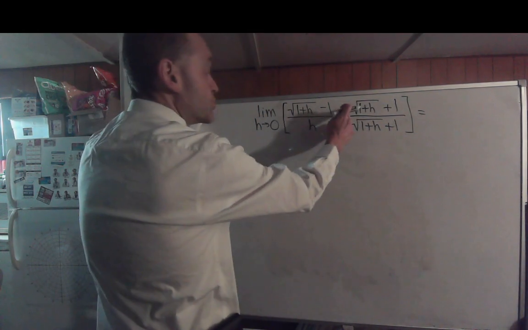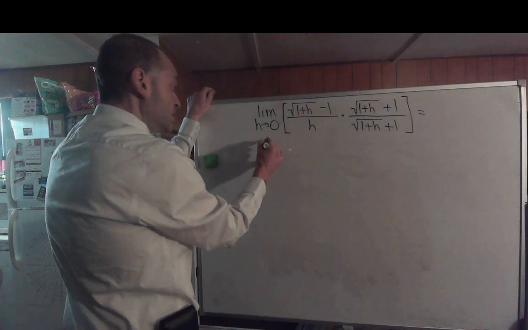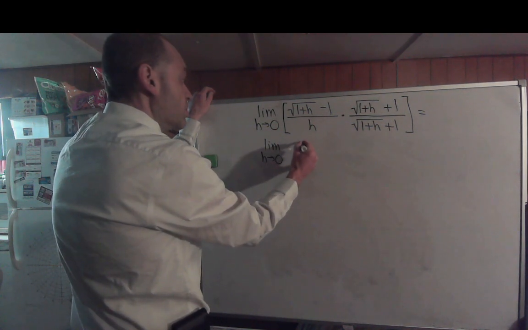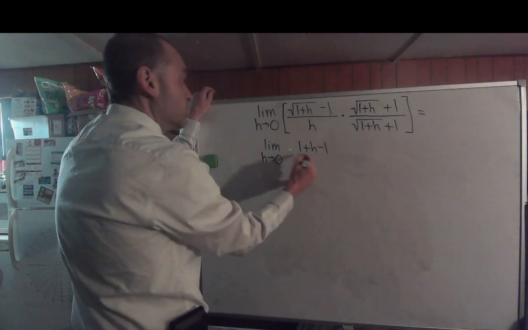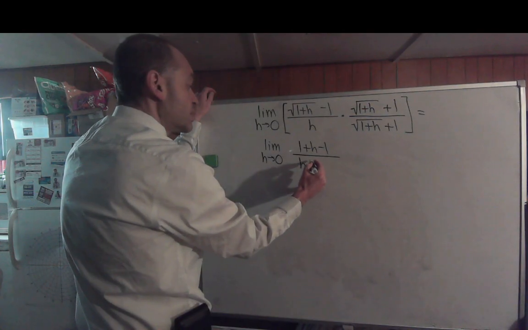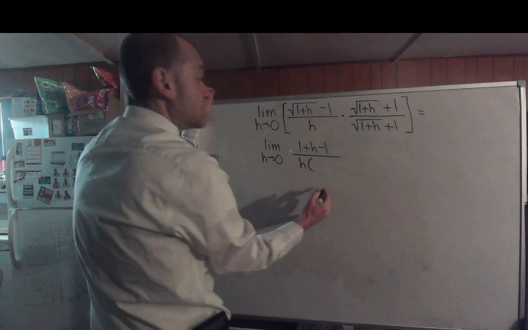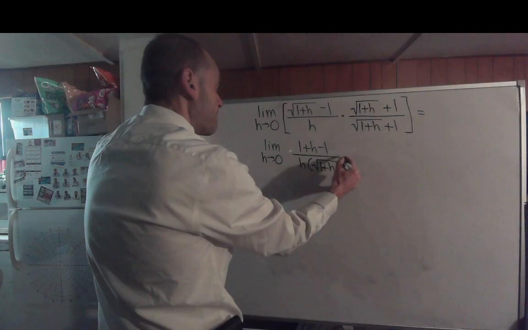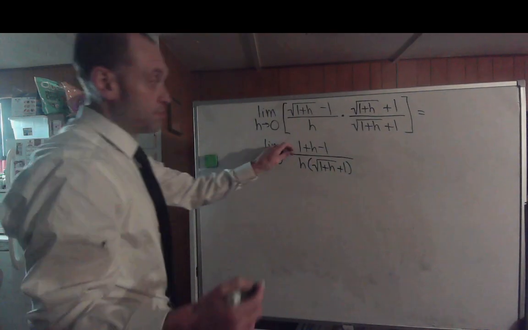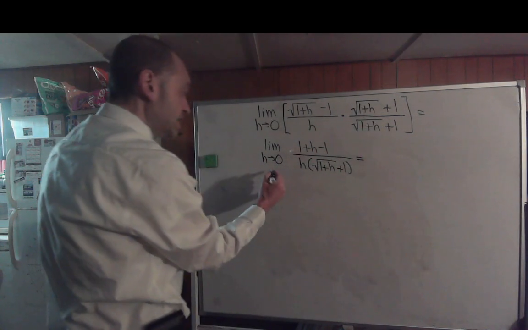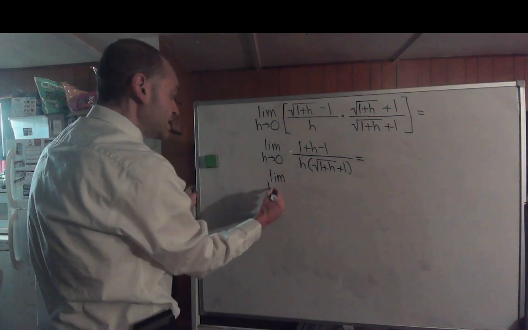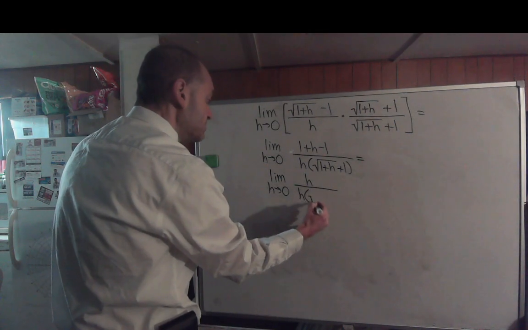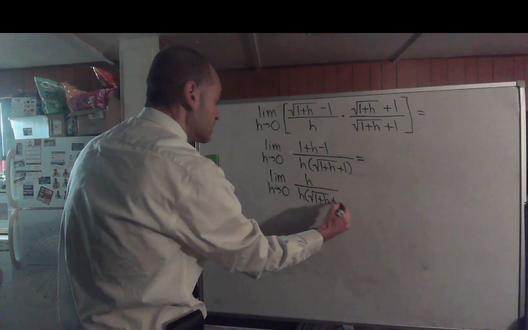If you FOIL out your numerator, we'll keep the limit as h approaches 0, you would get 1 plus h minus 1 all over h times the square root of 1 plus h plus 1. Well, 1 minus 1 is 0, so what you're left with in the numerator is h, all over h times the square root of 1 plus h plus 1.